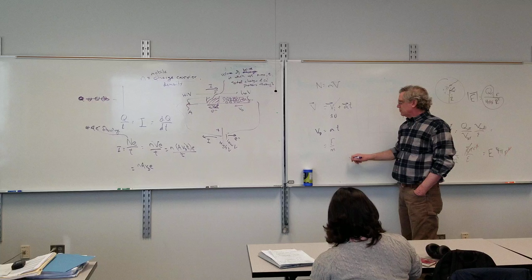If I treat the wire, I always pictured it as a cylinder, but I guess I don't really need to. And if I picture that I have some cross-sectional area here, the distance traveled here is going to be my drift speed times time. And so my volume is just my cross-sectional area times my drift speed times time. That's the charge.